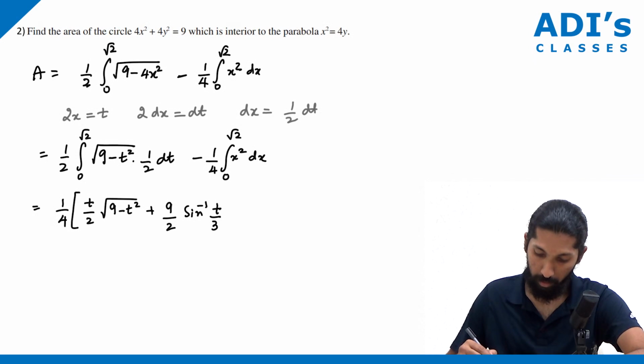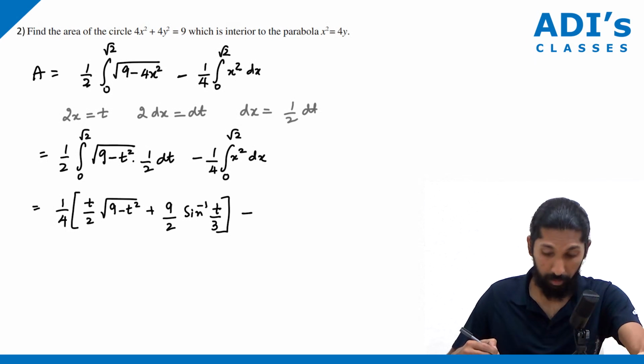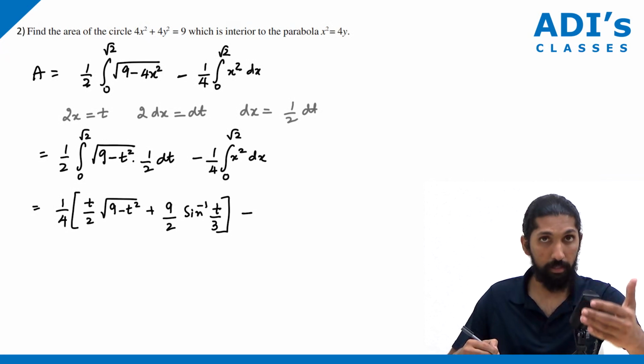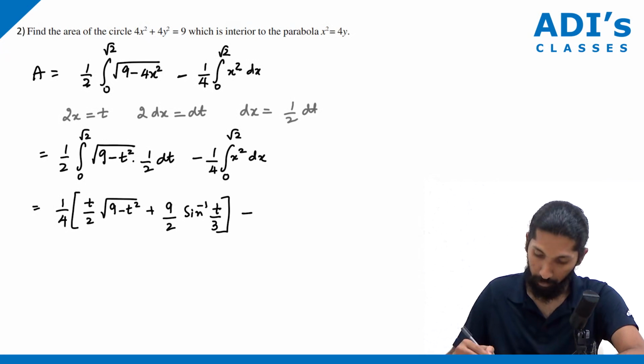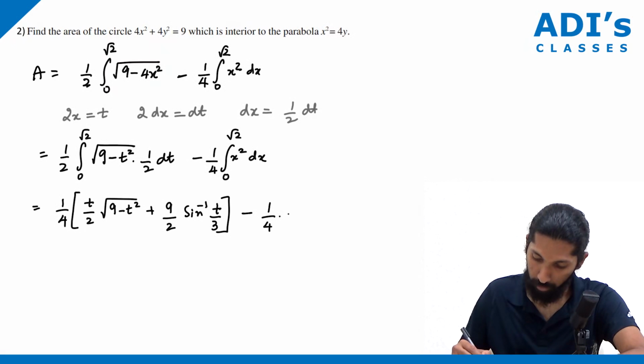Minus, this is for the 1/4. Again, I'll put it back. I'll take t as 2x and substitute it back. Minus 1/4 of x cube divided by 3, from 0 to root 2.